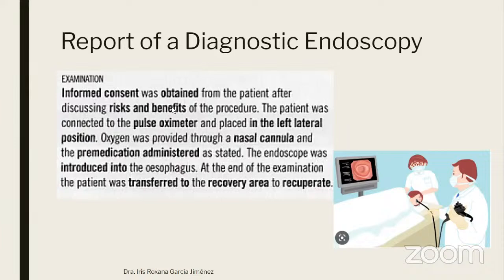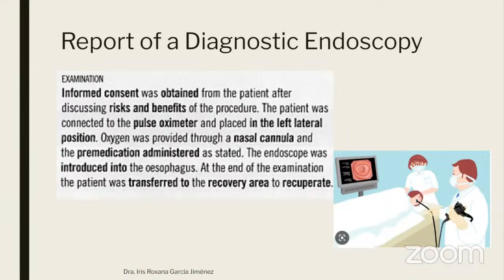The patient was connected to the pulse oximeter and placed in the lateral position, left lateral position. Of course, left lateral position is safe because if the patient vomited, it's easier to get it away and not get into the airways.